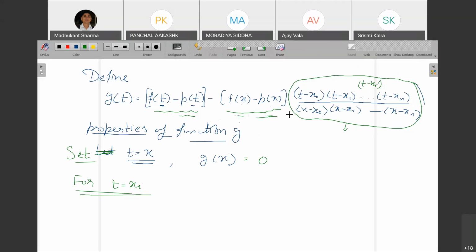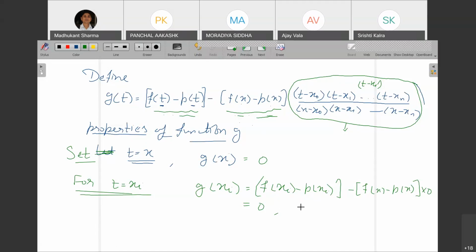So for g of xi, if you note it down, that is equal to f of xi minus p of xi, the first term, plus the second term, f of x minus p of x times the product term, which will be 0. Since f and p are equal at xi, this entirely equals 0.